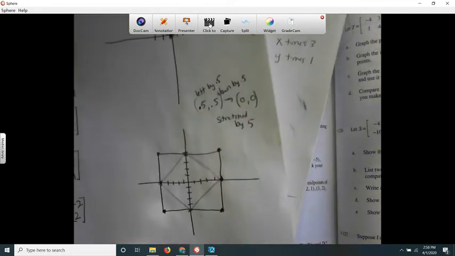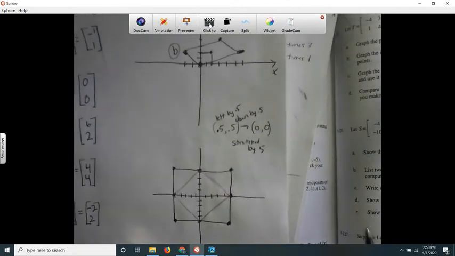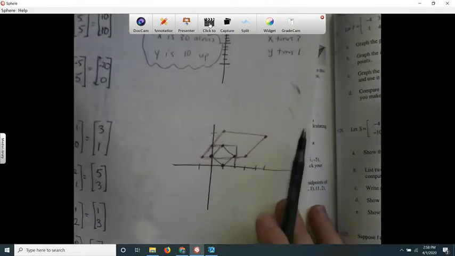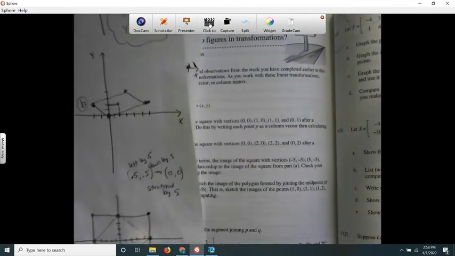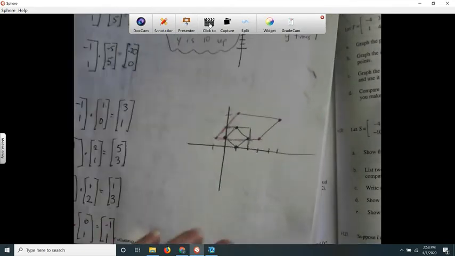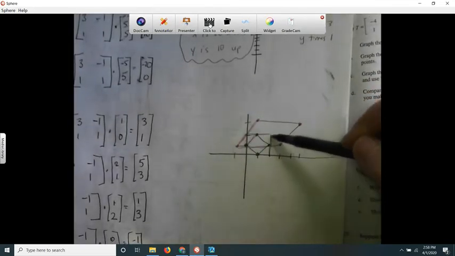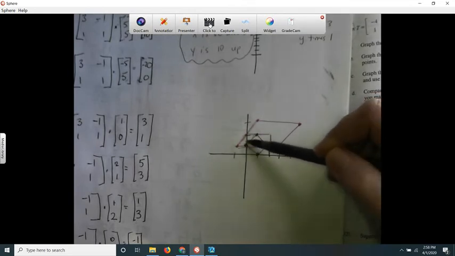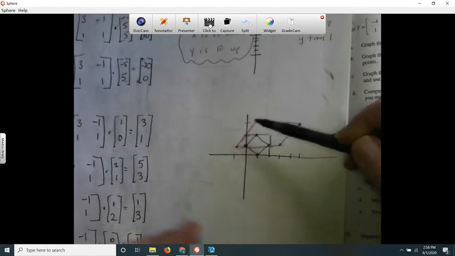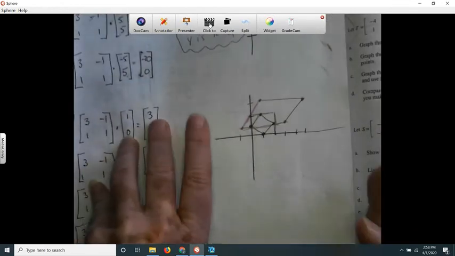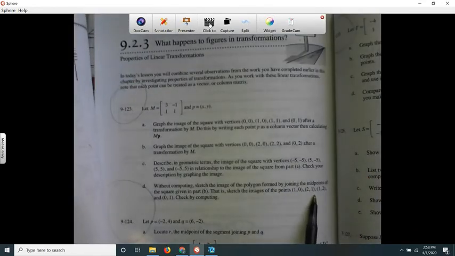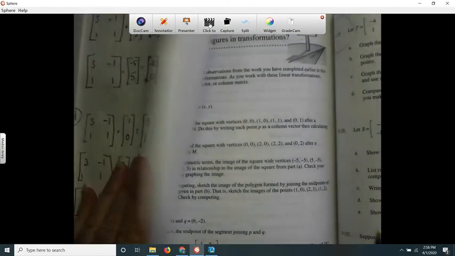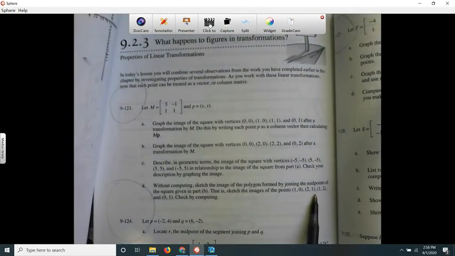I actually drew the whole thing because I like to do stuff like that. This would be the 2 by 2 square, and then the midpoints would be halfway. These midpoints are the ordered pairs that they gave us right here. Then it says sketch the image of the points.